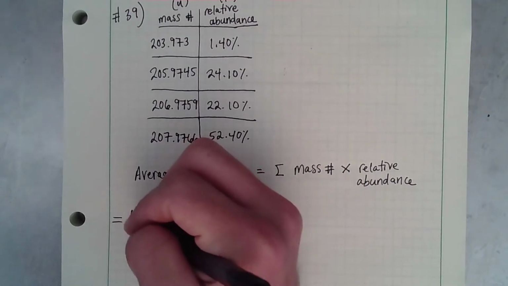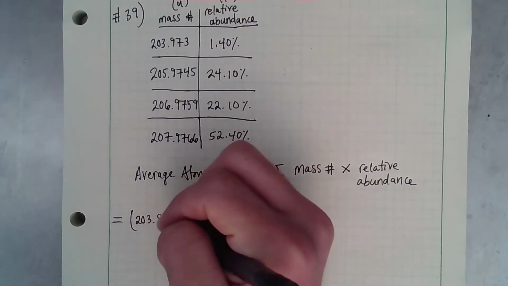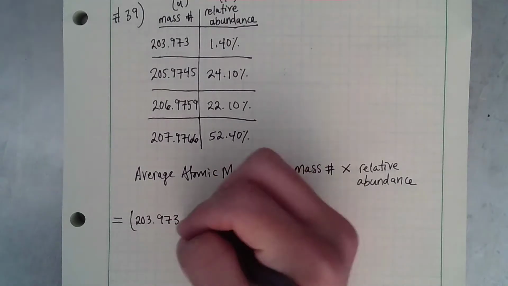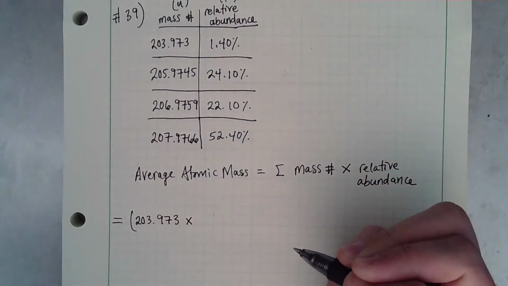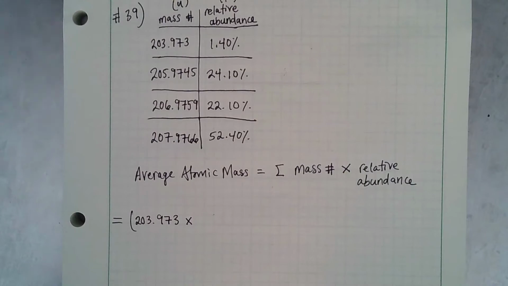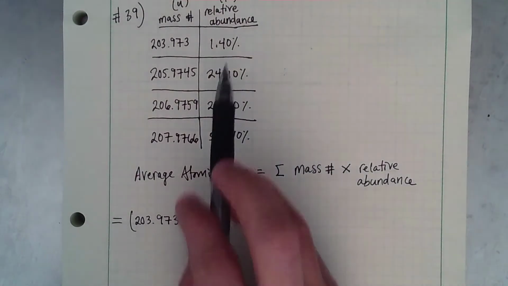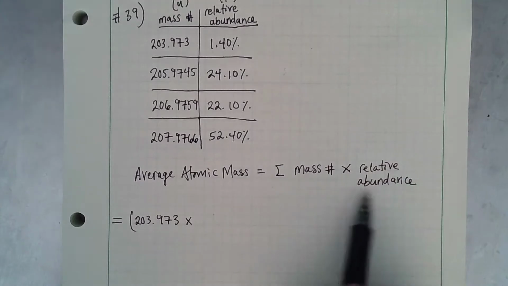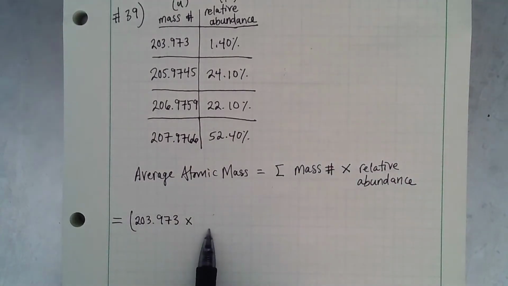You can go ahead and put these things in parentheses if you want to. It's actually not necessary since multiplication does take precedence in the order of operations above addition. One thing we do want to be very careful of, when you use the relative abundance in this equation, it needs to be the percentage in decimal form.